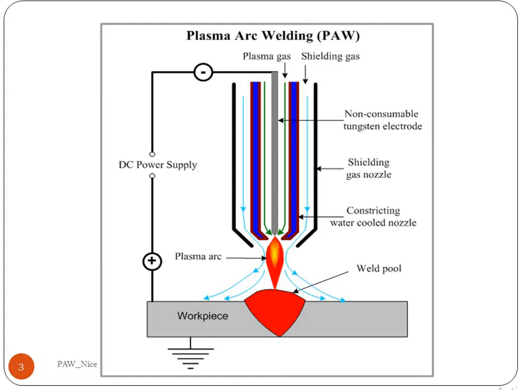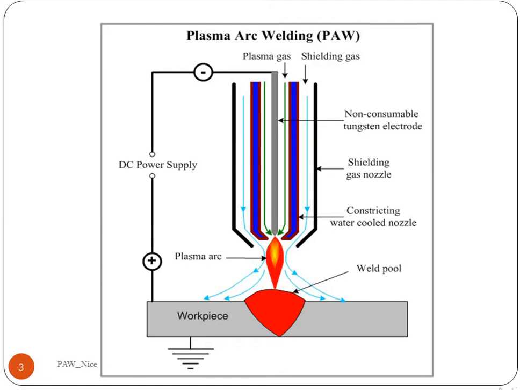First of all, the plasma arc welding process works on a DC power supply. The plasma gas, that is the inert gas, otherwise the hot ionized gas, and the shielding gas are both normally inert gases like argon, helium, etc. The shielding gas is provided to prevent oxidation of the weld pool, the welding area, and to protect it from other contaminants.